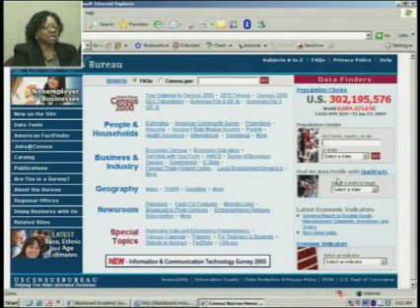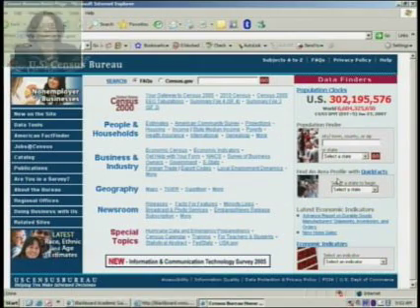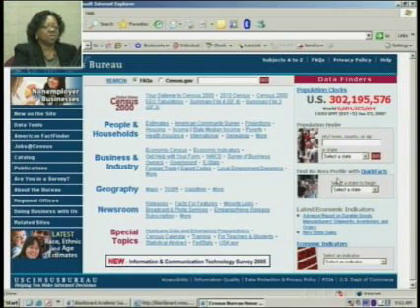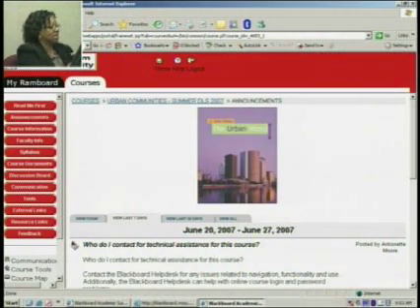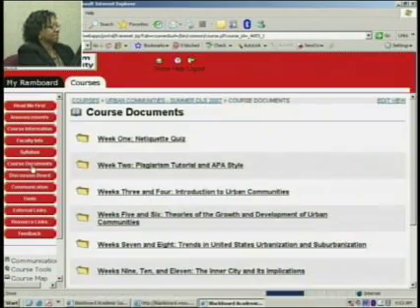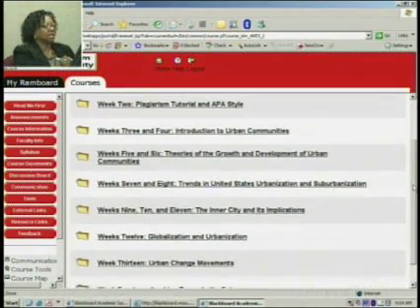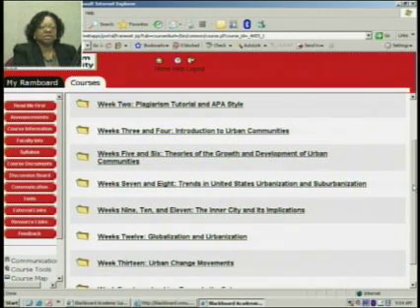And at the present moment, there are over 302 million people in the United States and 6 billion people worldwide. And we will talk about how those dynamics of population, environment, organization, and technology interact to produce what we have in our urban world today. So that's lesson number 3. As I said, that's a clustered lesson, weeks 3 and 4 together.